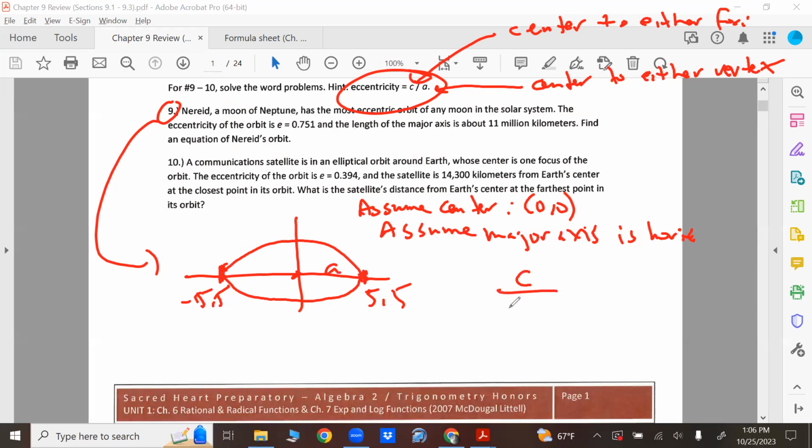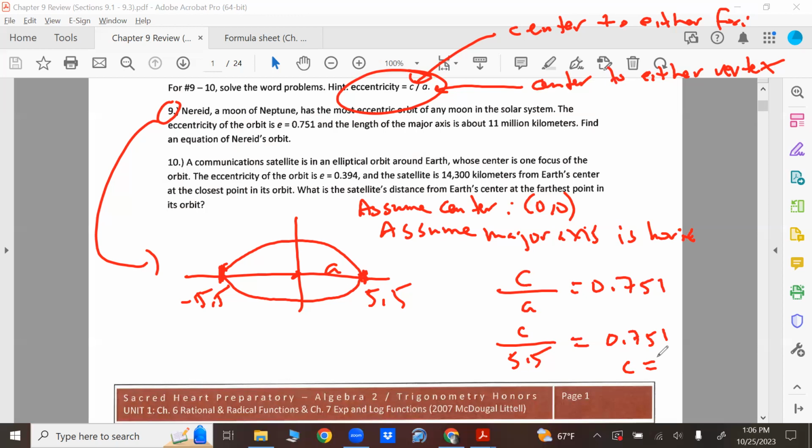So C over A equals 0.751. Okay. So C over 5.5. So what can C equal? 4.305.